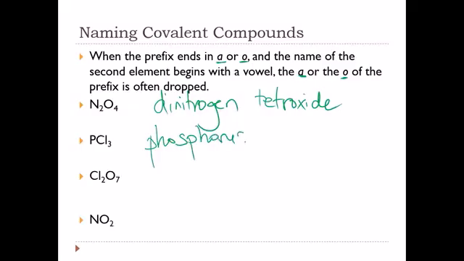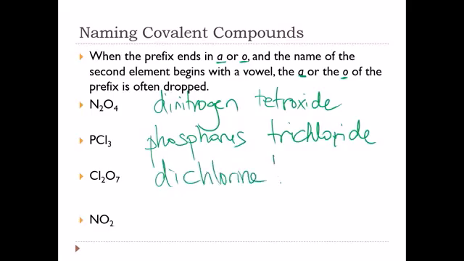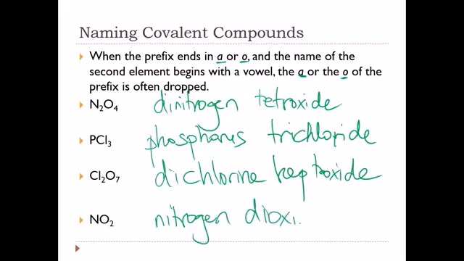Phosphorus trichloride. I'll try to write a little neater. Chloride. And then dichlorine heptoxide. And then nitrogen dioxide.